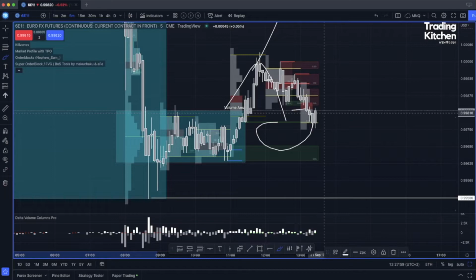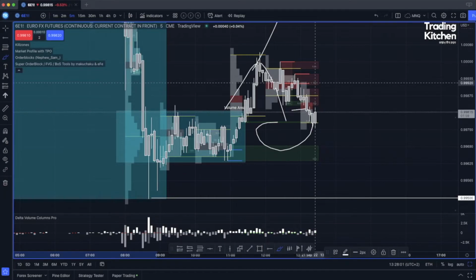Okay, will re-enter, and to confirm that, volumes. So this is very useful if you are, like me, an intraday trader, if you wait for a retest, a retracement inside the volume area.